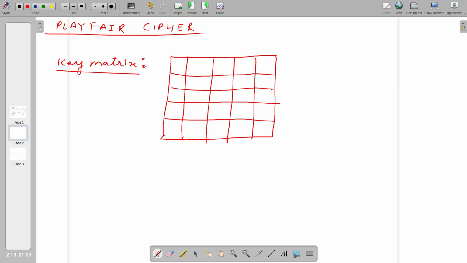Let's say for this 5 into 5 matrix, our key is Charles. Whatever your key is, it can be cipher also, it can be Charles, it doesn't matter. Write that key first. CHARLES. So this is our key.